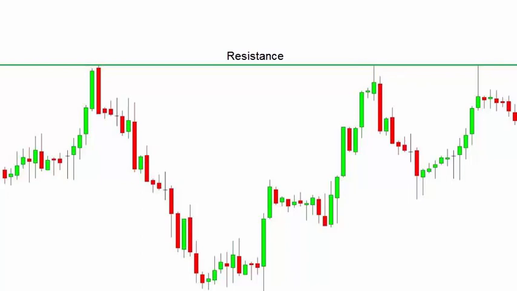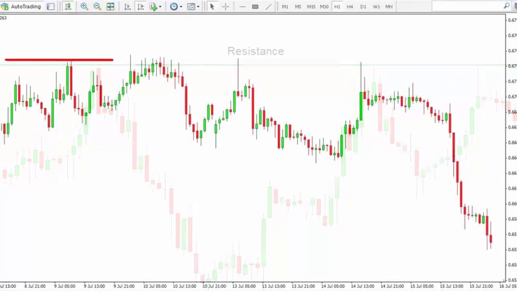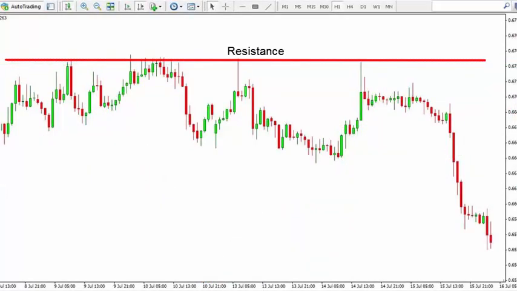You can identify a resistance level by studying a chart. Look for a series of high points where a currency pair climbs to a level and then climbs no further. Levels of resistance are defined by significant high points in the market. On this chart, you can see a strong resistance level. There were several points where the market was stopped from climbing higher.